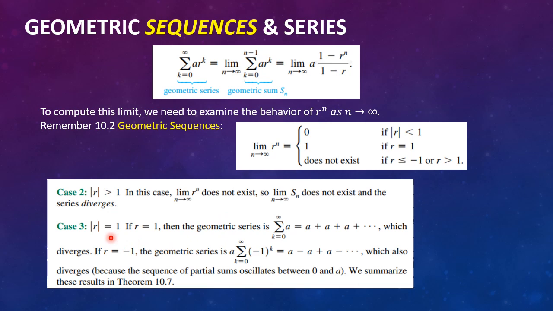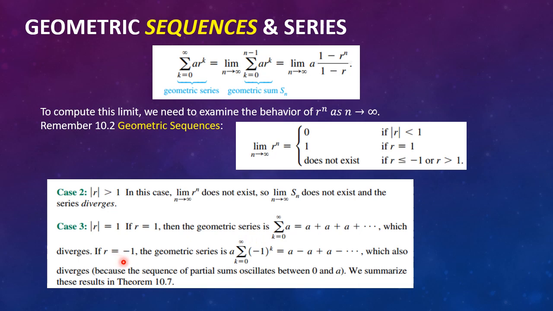And then the last case is when the absolute value of r equals 1, so it could equal positive 1 or negative 1, and this is one place where it's a little bit different. If r equals 1, then every power of r is just going to be 1, so we're just going to have a plus a plus a plus a, which of course diverges because it just keeps getting larger and larger.